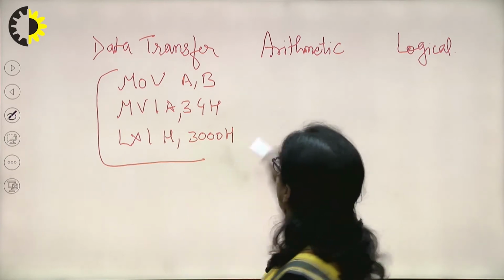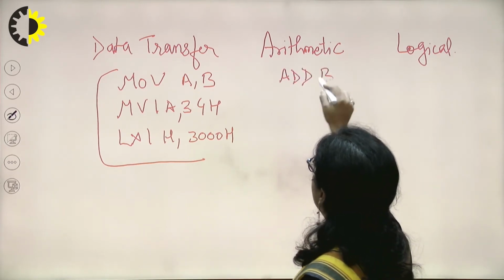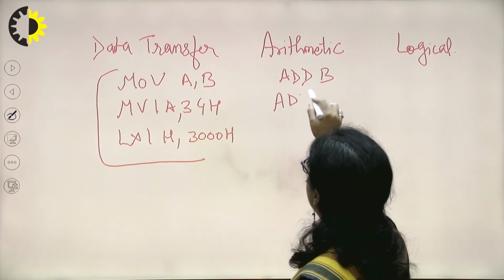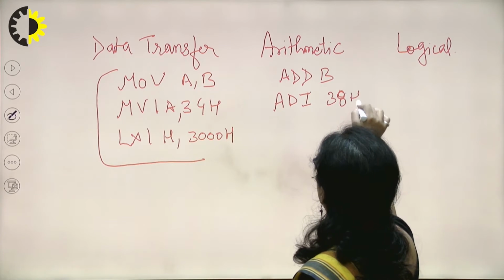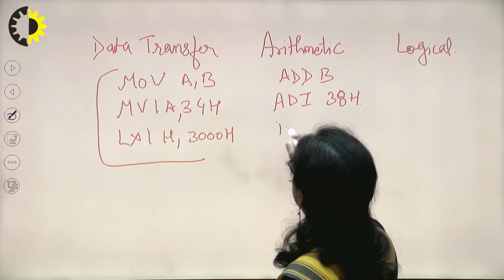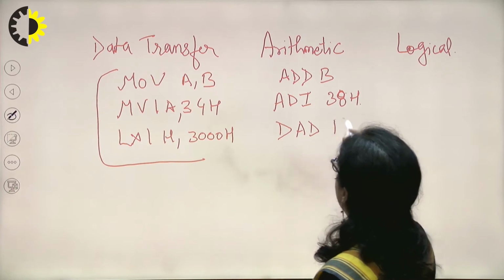And in the last lecture we discussed arithmetic operations like ADD B, ADI 34 or 38H, and DAD D, and many more.